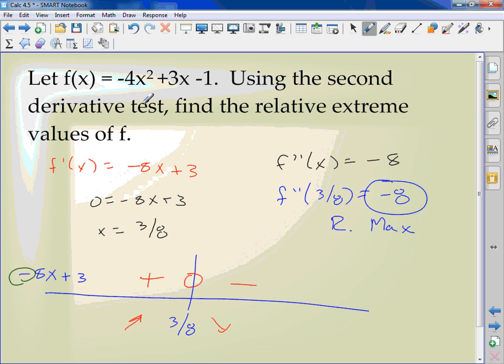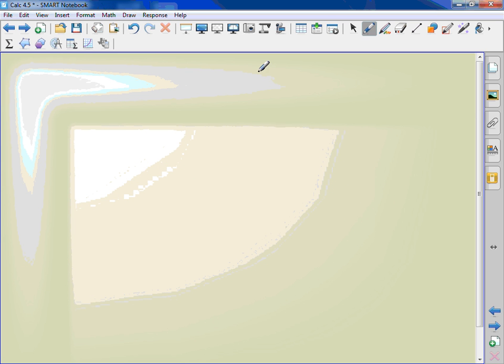Let me give you one. F of x equals 3x to the fourth minus 4x cubed. Try this one.